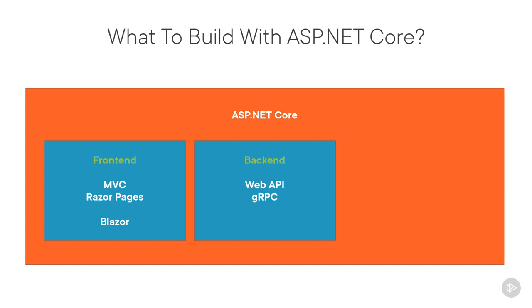And finally, there's SignalR, a supporting technology that enables real-time web applications. In the coming course modules, I will introduce you to all of these. For now, it is enough to understand that ASP.NET Core can do much more than just create a web page.